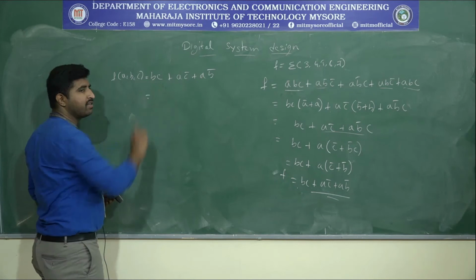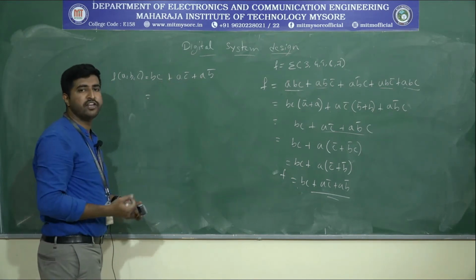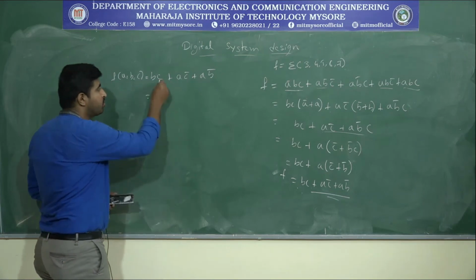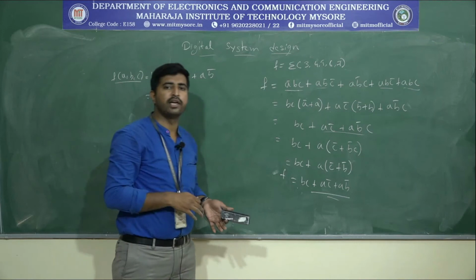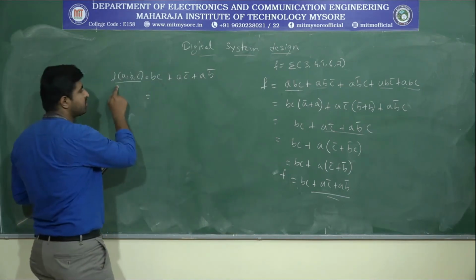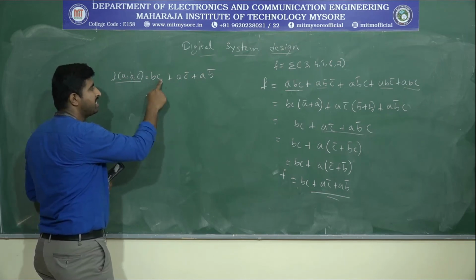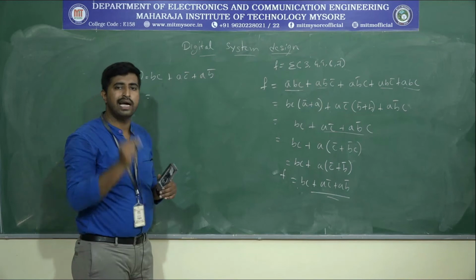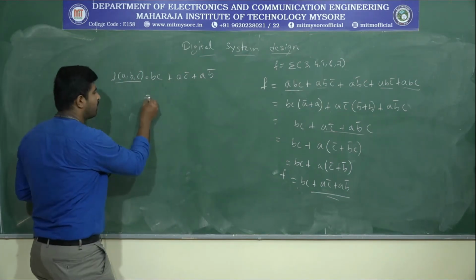How to convert that one? Here we need to see which term is missing. In these individual terms, we need to identify which variable is missing. But we should know how many input variables there are for the corresponding switching equation. Here, in the switching equation we have 3 variables: A, B, C. See, in BC, the missing variable is A. Then how to write that one?